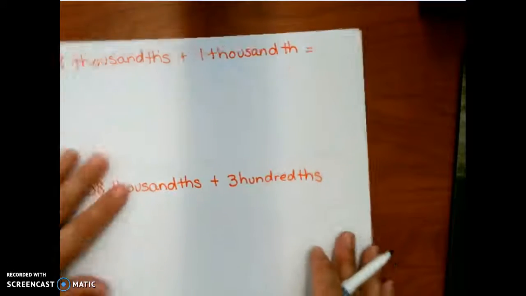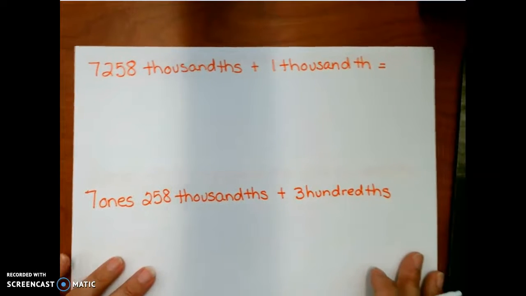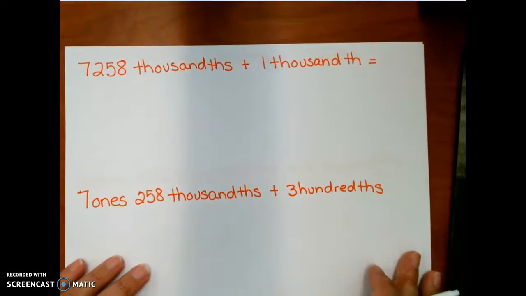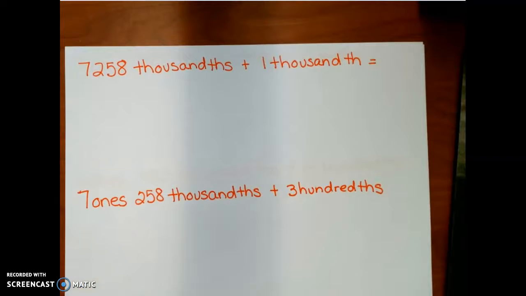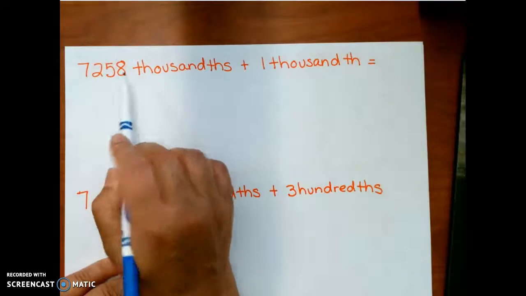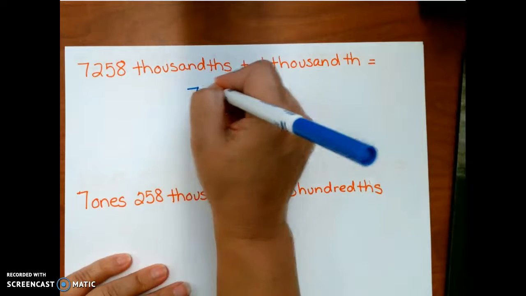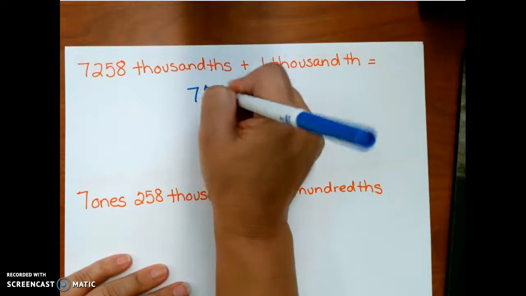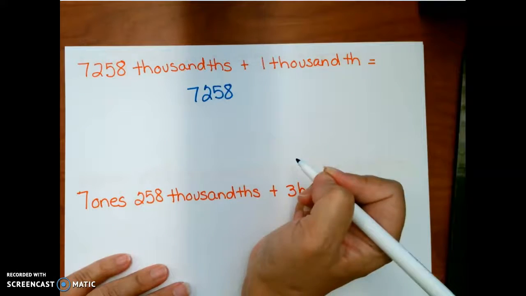So now we're going to do some addition and subtraction, and we're going to do that by taking these problems from unit form and writing them into standard form first, and then we're going to add and subtract. So 7,258 thousandths. Where does my decimal go?